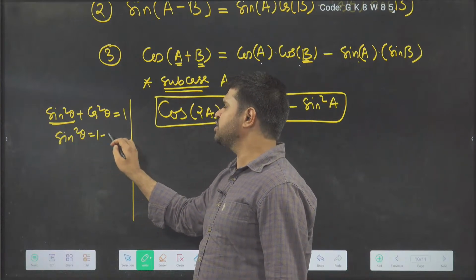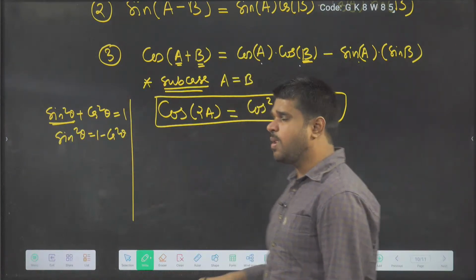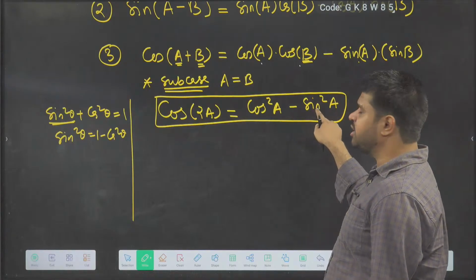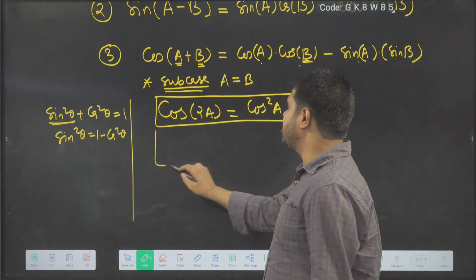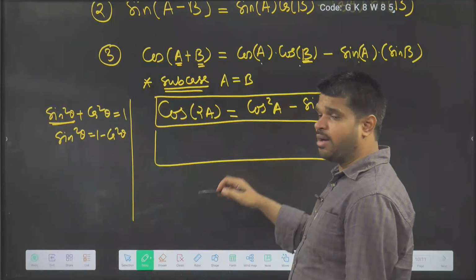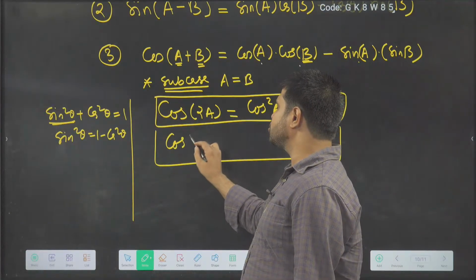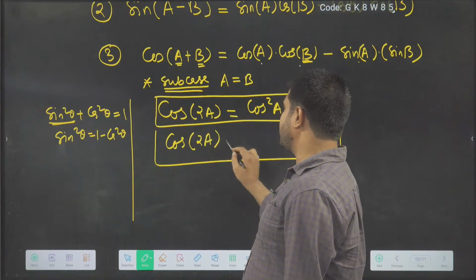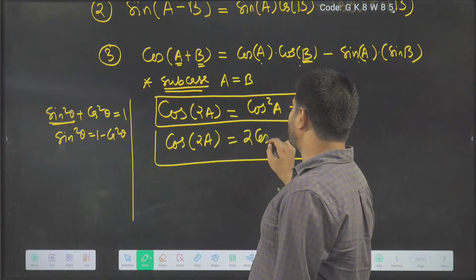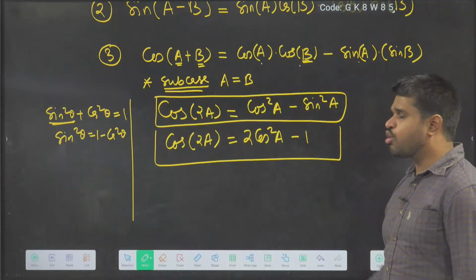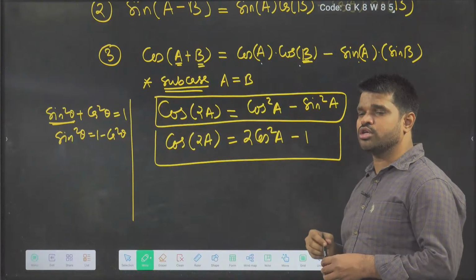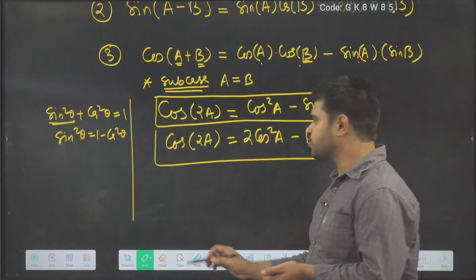When I substitute this, I get one more formula that I am writing. Cos 2A is 2 cos square A minus 1.